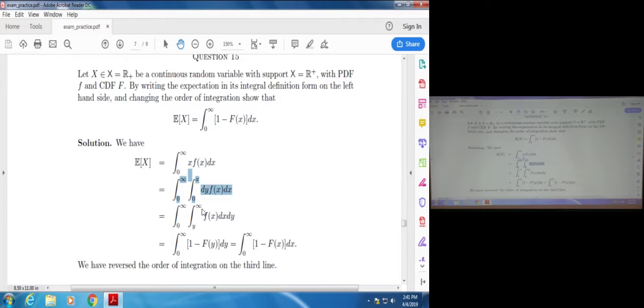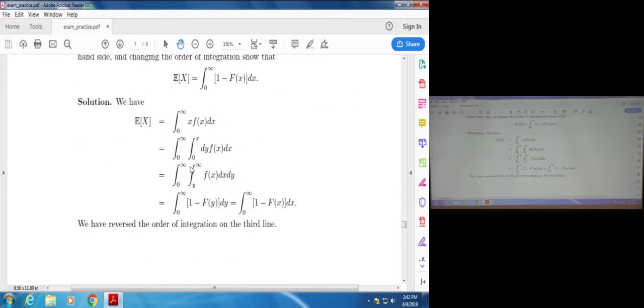Okay, and so then this is what I have left over. All I've done is change the order of integration. Now the key point is that this quantity here is 1 minus F of y. So I get the integral between 0 and infinity of 1 minus F of y dy.